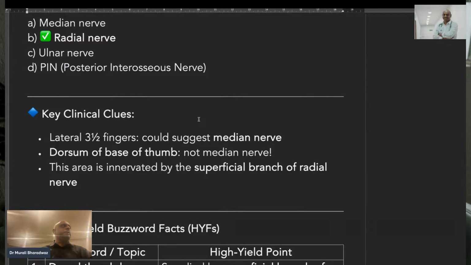Ten points should be ready on each one. Then signs like Froment's sign, all these signs, have 2-3 points each: which muscle is weak, which muscle is compensating in Froment's sign, what is ulnar paradox, all those funda. You give 5 nerves and make me champion: ulnar, radial, median, musculocutaneous, axillary nerve, upper and lower brachial plexus.